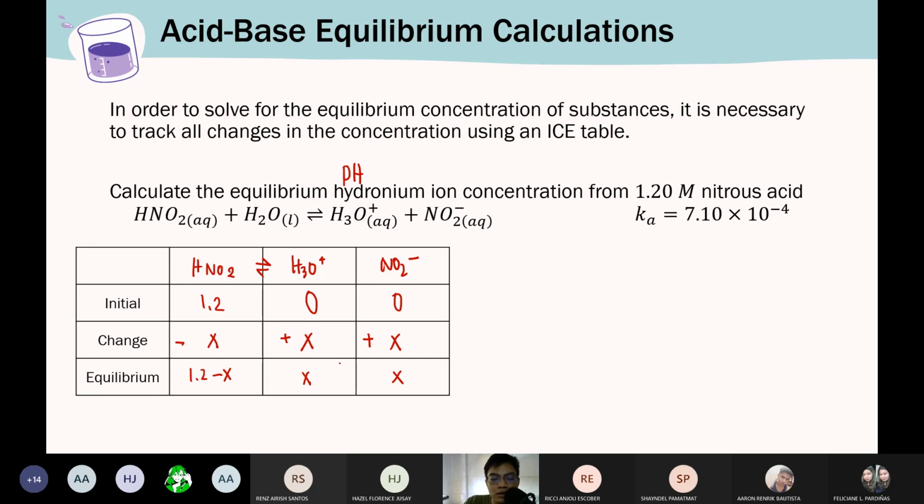Now, you have to plug them into your K equation. So what's the Ka for our equation? That will be H3O plus, NO2 minus, and then nasa baba yung HNO2.